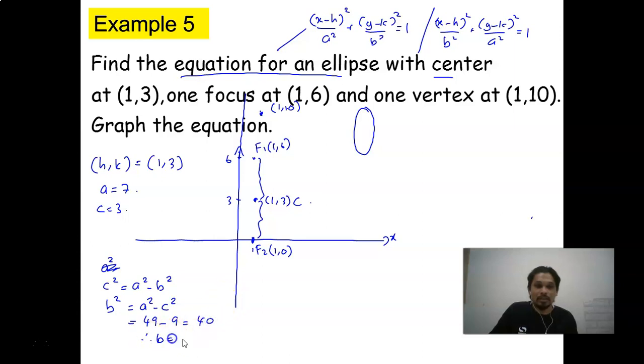So b equals the square root of 40. We can simplify this as plus or minus, because we move to the left and right, which is 2 square root of 10.